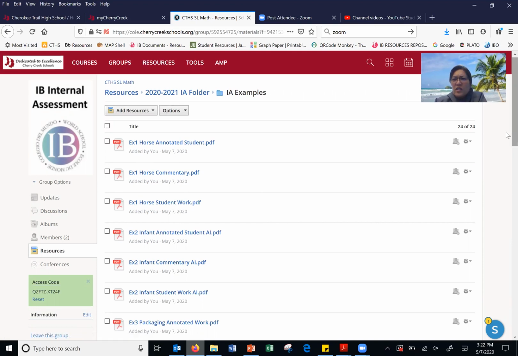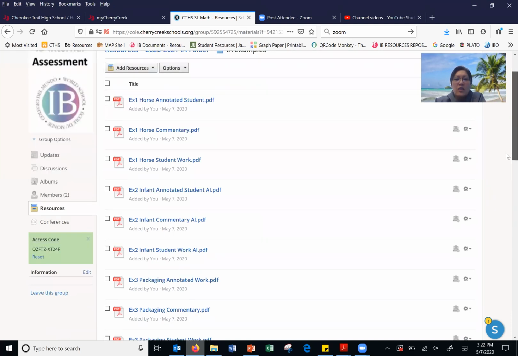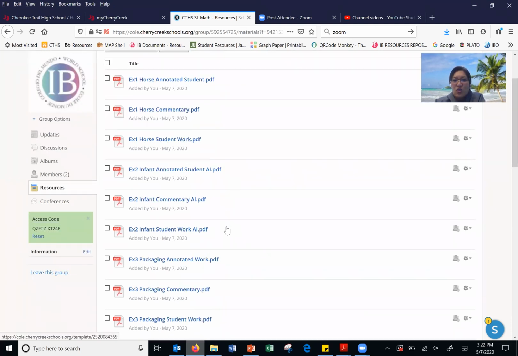There are a wealth of different examples. Some of them are calculus, some of them are statistics, some of them are functions, some of them are geometry and trigonometry. They ran the gamut. I tried to get at least one example of all of the different types of parts of the syllabus, one's algebra as well. There is one in here that is strictly applications and interpretations.